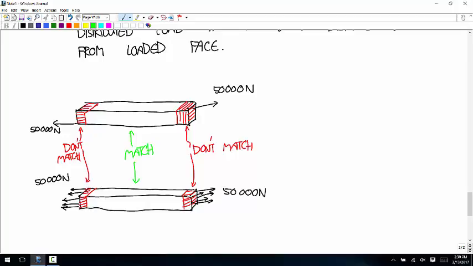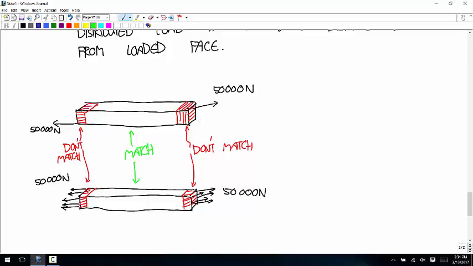So basically, just because this one is acting on one point, but the other is acting over the whole face. Yes, that's why. There are local stresses that come from how that load is applied. And so if you're close enough to the load, they're different. But if you go far enough away from the load, and you don't have to go that far, like imagine this being an I-beam, the place where these I-beams are loaded at the end is often pretty small compared to the length of the beam.